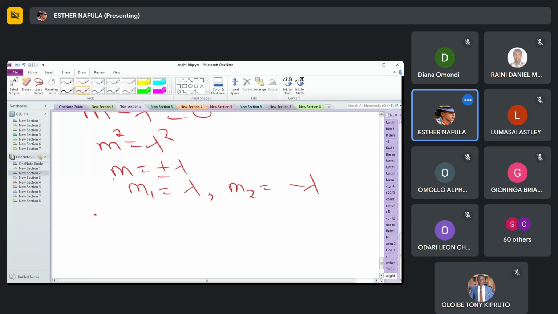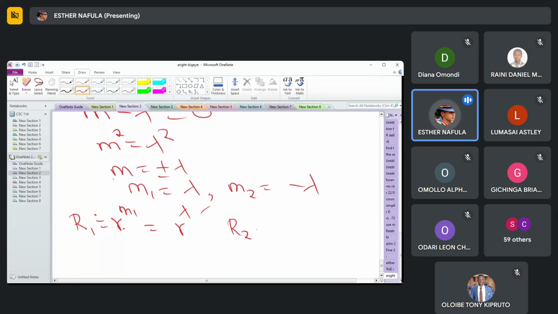We will have our R1 equals r to the m1, I mean small r. R1 is small r raised to the m1, but m1 is lambda, so small r raised to power lambda.